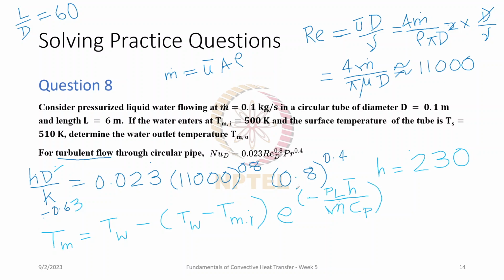So this is the exponential part. And if you put in everything, then Tm should come out something like 506 Kelvin.